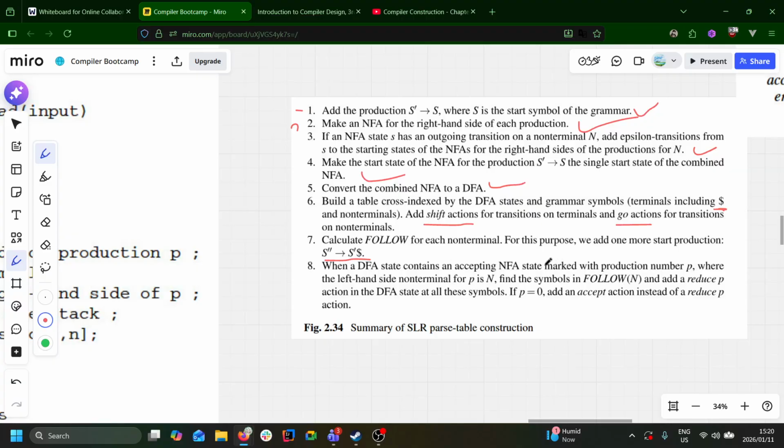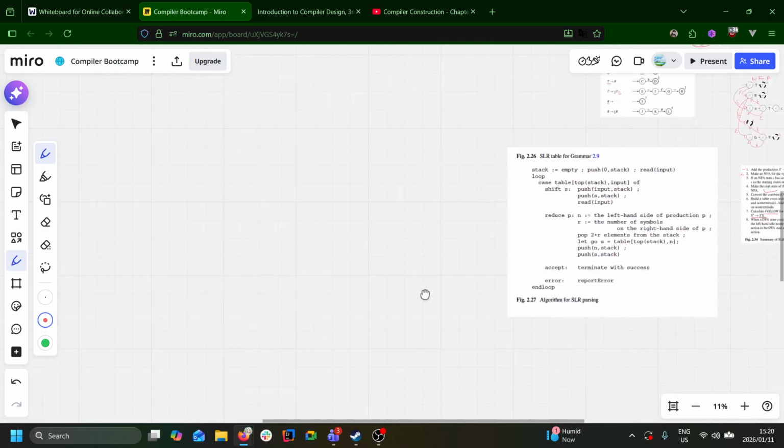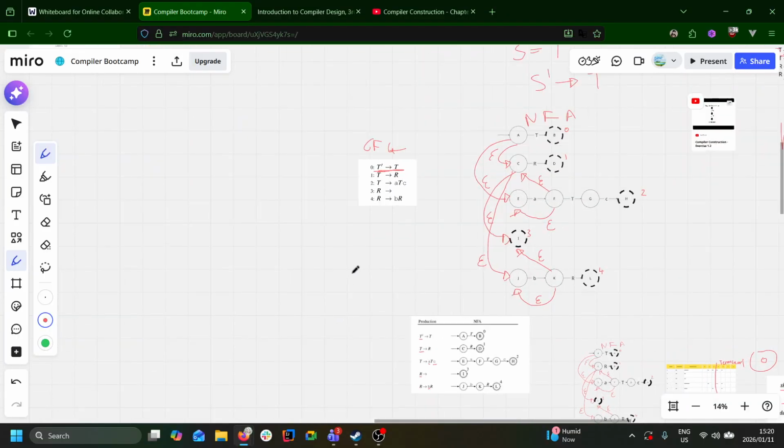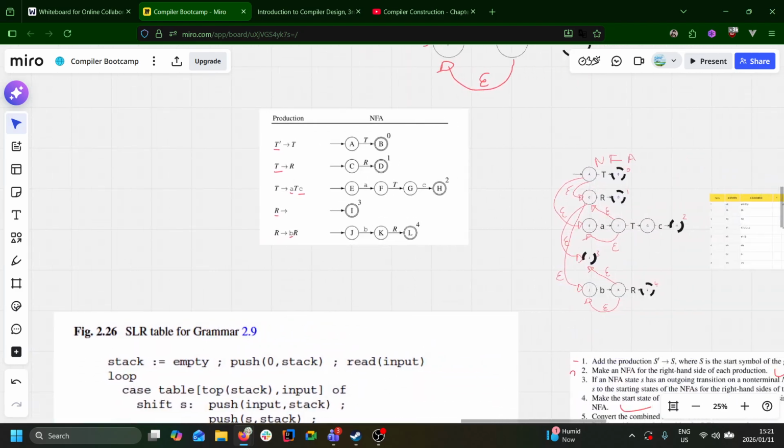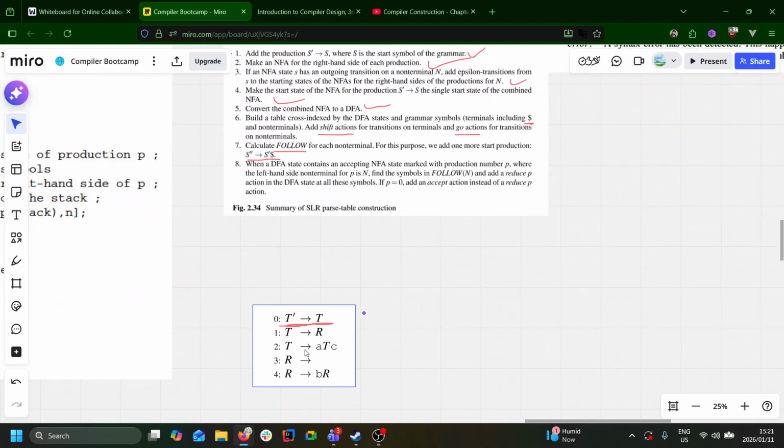To get our reduce right, the first step is to get our follow set. To get the follow set, we take our current production rules in our CFG and add another rule. In our case, it's just going to be T prime prime produces T prime dollar sign.